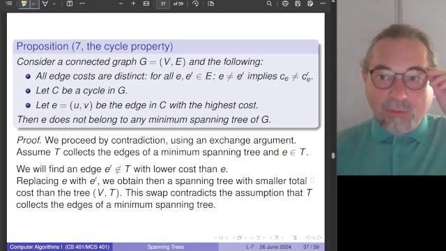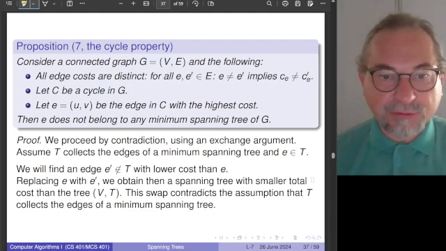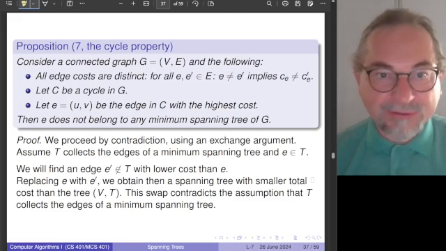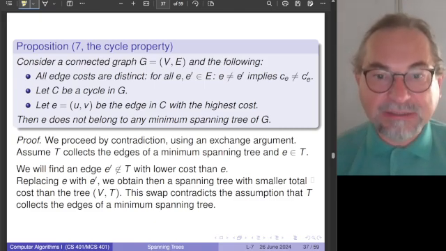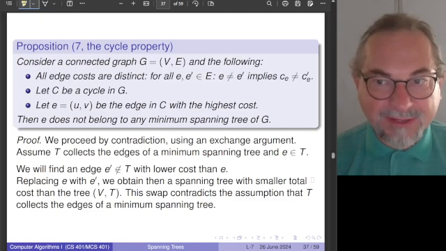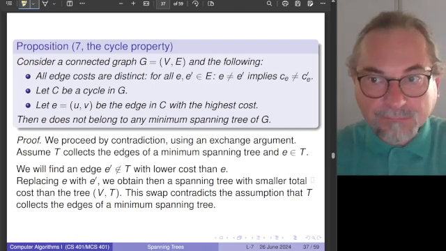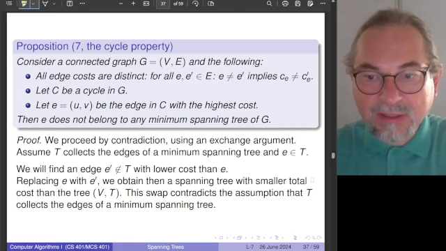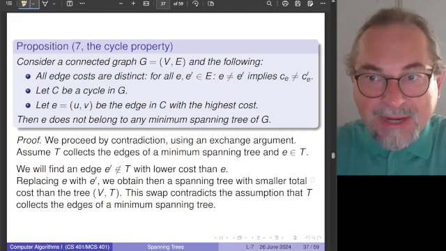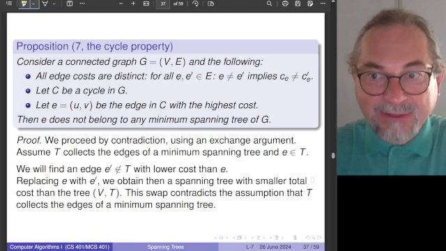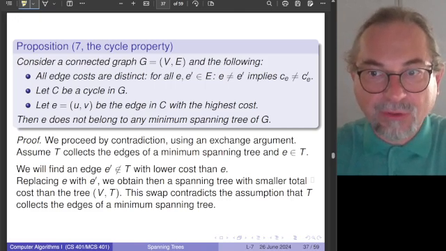In this way, we would find a spanning tree with a strictly lower total cost. That's the assumption we need, that all the edge costs are distinct. That assumption is again critical, but the point is that via the swapping, we show the error in the assumption that we had a minimum spanning tree that contained an edge that had the highest cost in a cycle of the original graph.